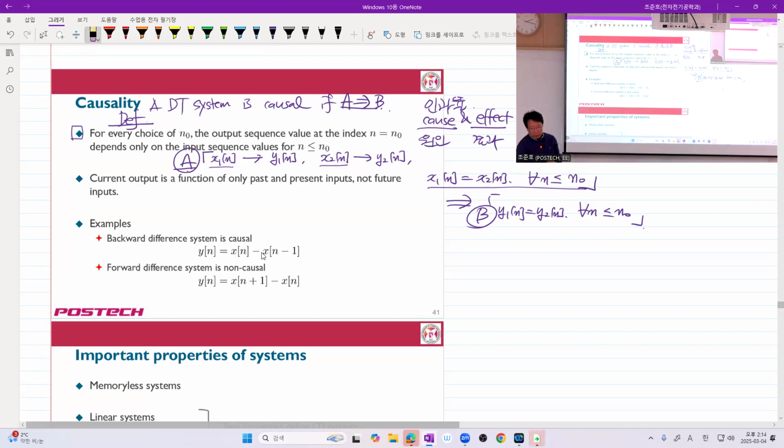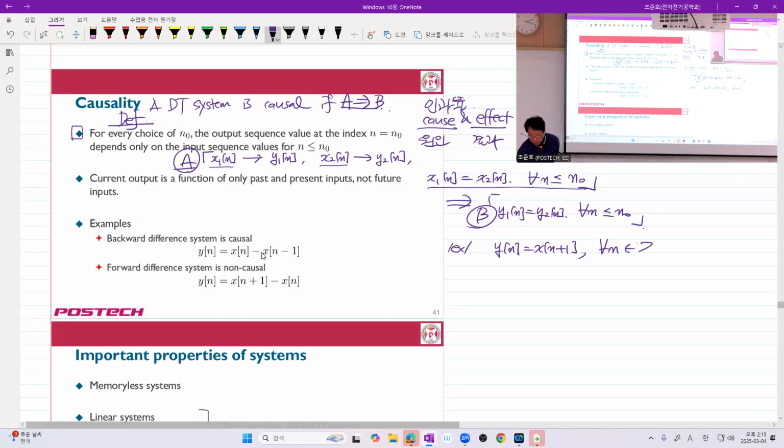Let's think about an example that violates it. The simplest one would be this one. Of course, when we describe the input-output relation of a DT system, this must hold for all integers n.